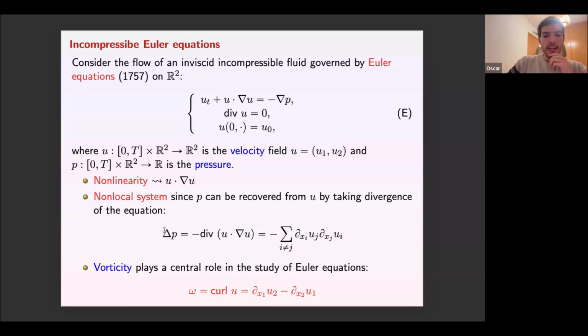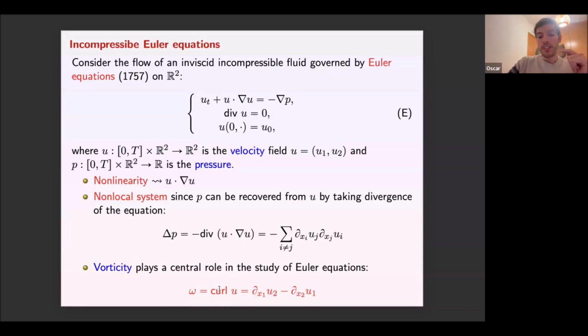Note that this relation between P and the velocity field is a simple consequence of taking the divergence on both sides of this equation and using the incompressibility condition on U to remove this first term. It is well known that in the study of Euler equations, the following quantity plays a central role, namely the vorticity. It is denoted by omega, and this can be defined as the curl of the velocity.